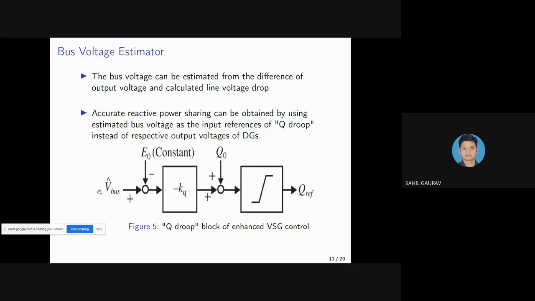And I already explained how this Q function works and how it sets the reference reactive power for the inverter.